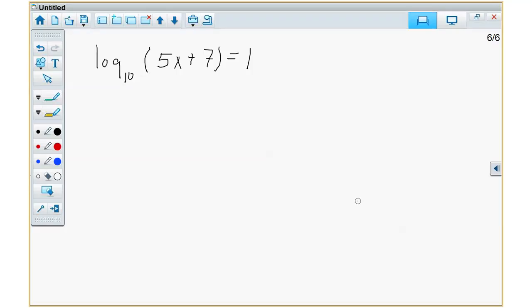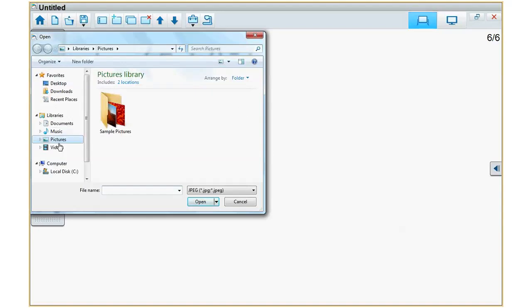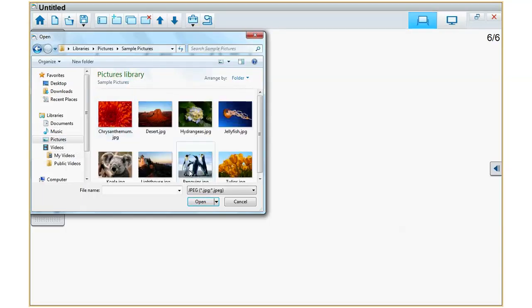All right, now this time you've got the log, so you're going the other direction. Oops, that's wrong. There we go.